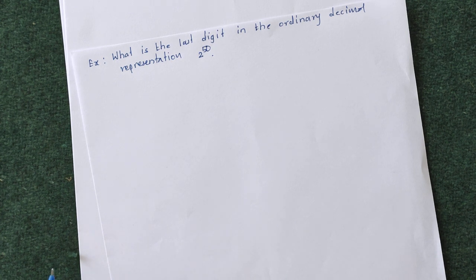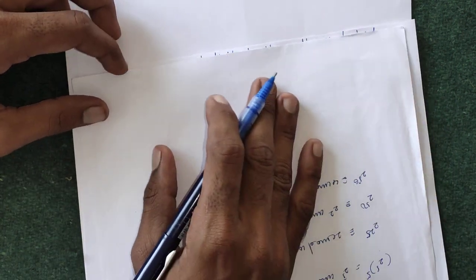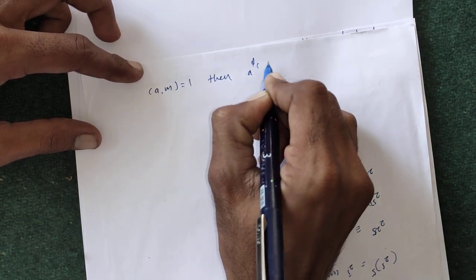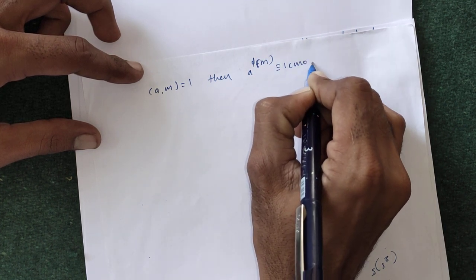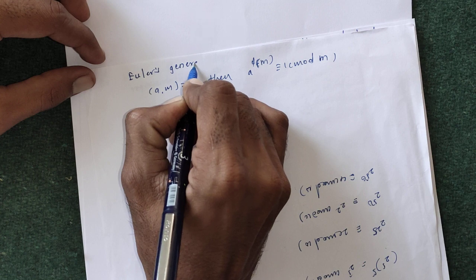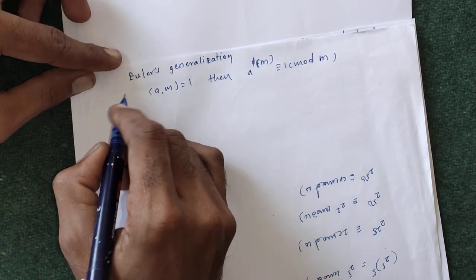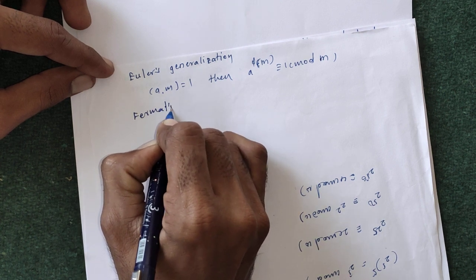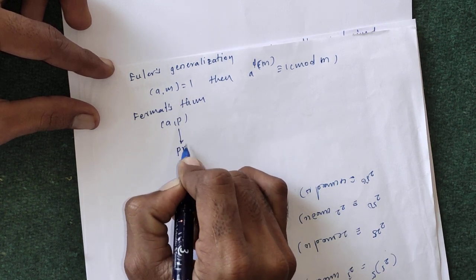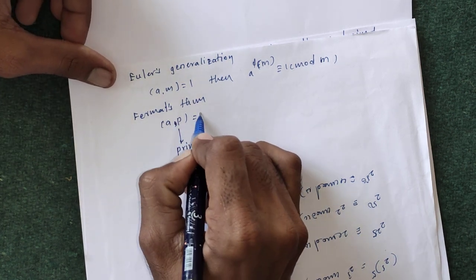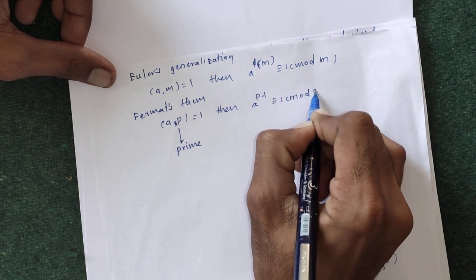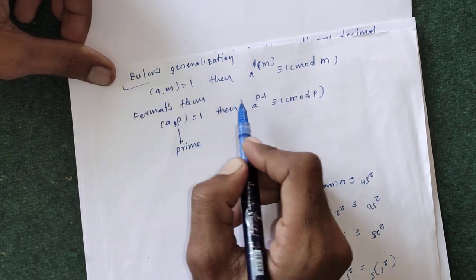the statement of Euler's generalization of Fermat's theorem is, if GCD of A and M is equal to 1, then A raised to phi of M is congruent to 1 mod M. And Fermat's theorem states that if GCD of A and P is equal to 1, where P is a prime number, then we can write A raised to P minus 1 is congruent to 1 mod P. This Fermat's theorem we have proved by using Euler generalization.